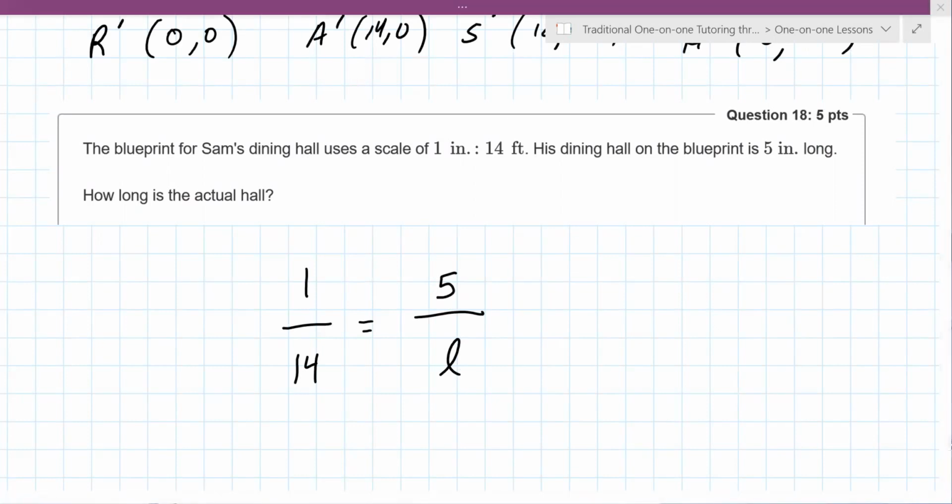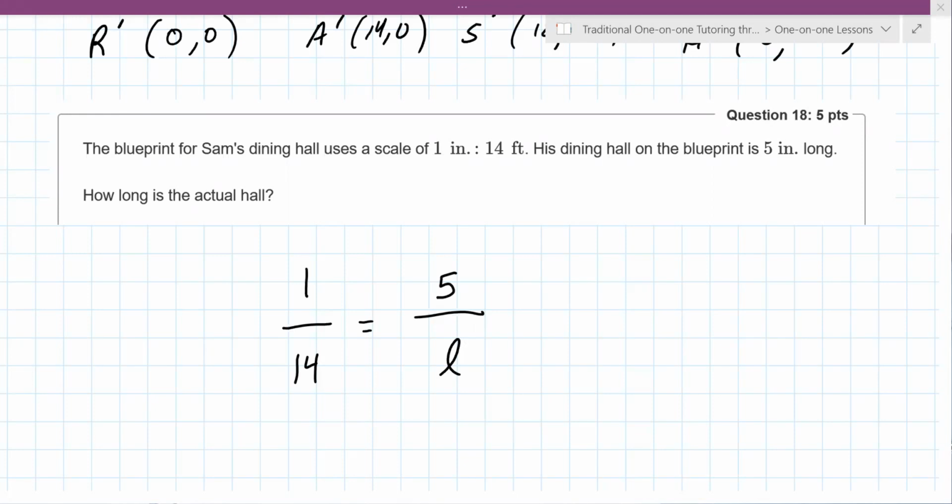So it's L equals 14... Okay, I get 70. Perfect.